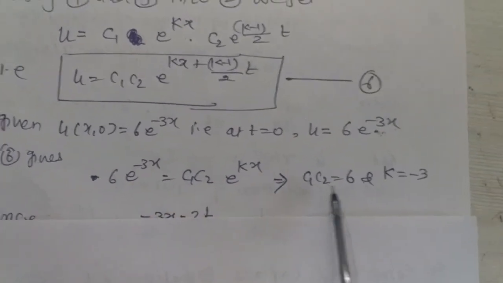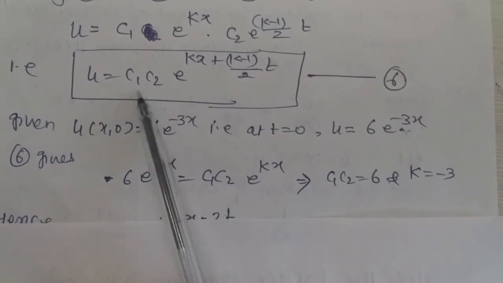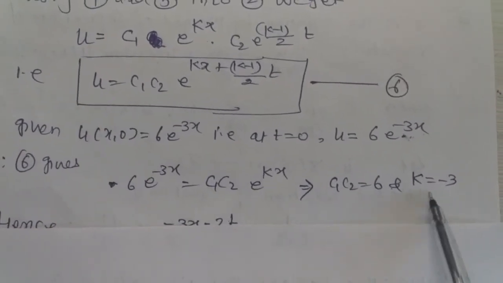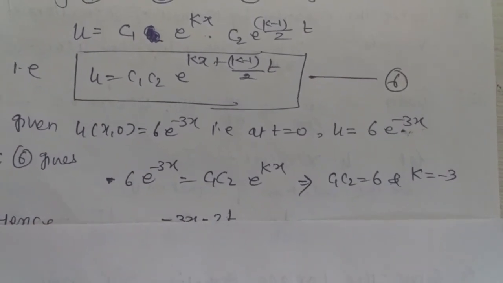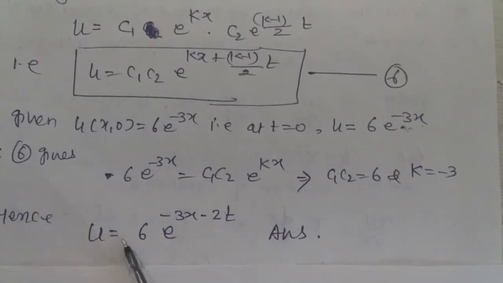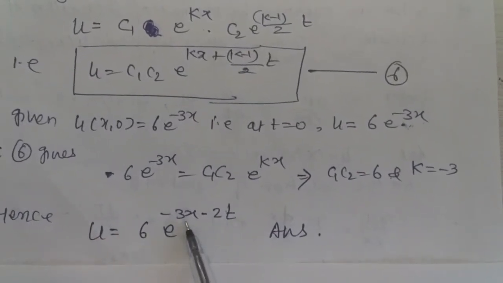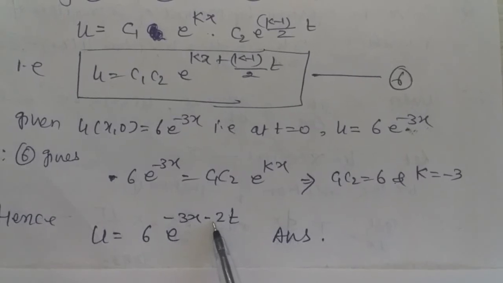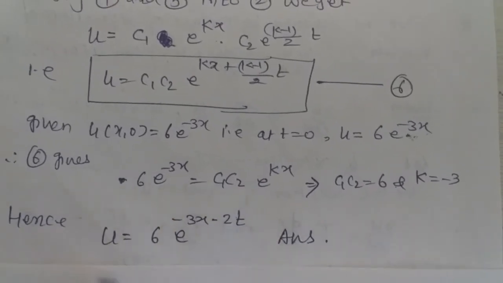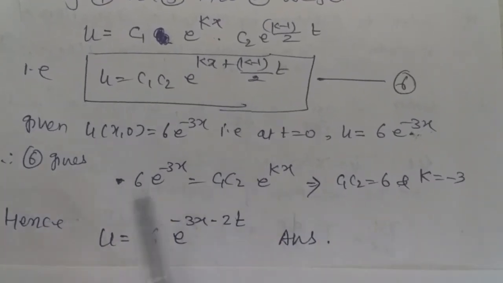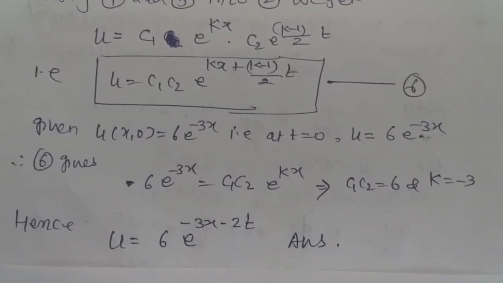So putting the values of c1 c2 and k in equation 6, we get u equal to 6 times e raised to minus 3x minus 2t. So this is the final solution of the given partial differential equation.